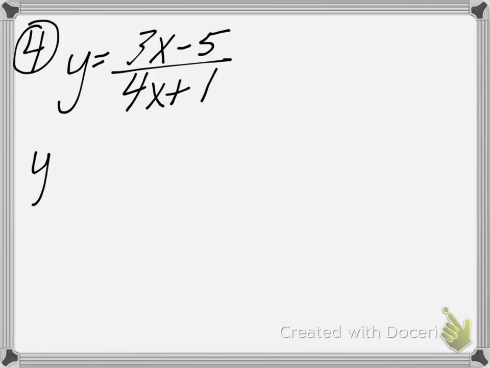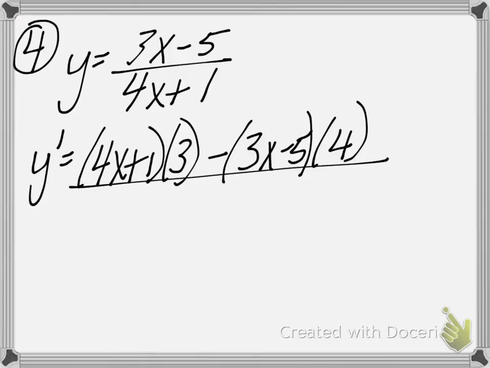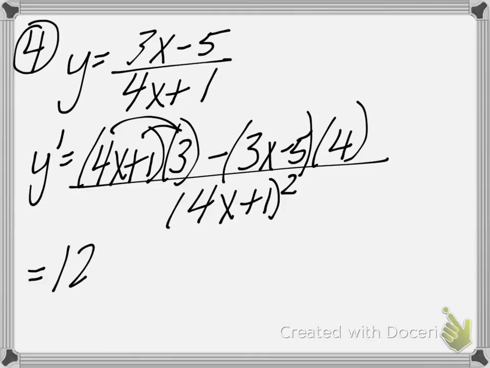Quotient rule, bottom times the derivative of the top minus the top times the derivative of the bottom all over the bottom squared. Okay, that's not a choice, so we'll simplify the numerator, distribute the 3, and I'm going to distribute the negative 4.